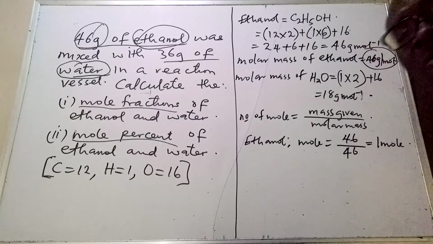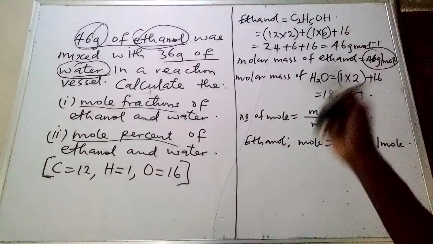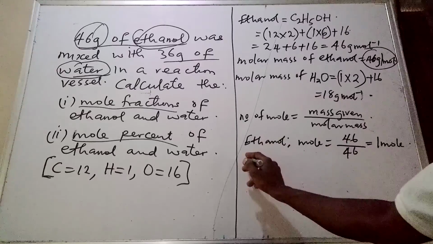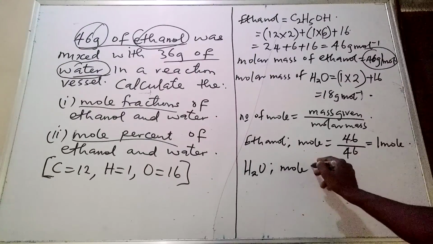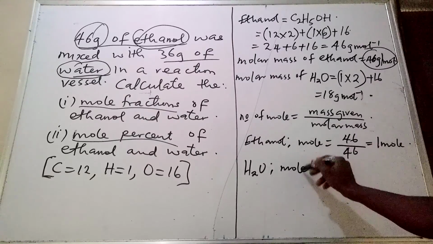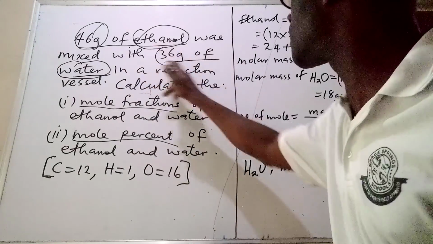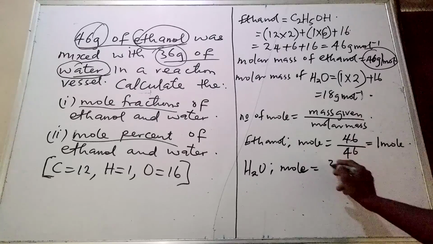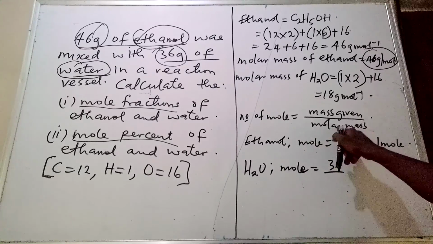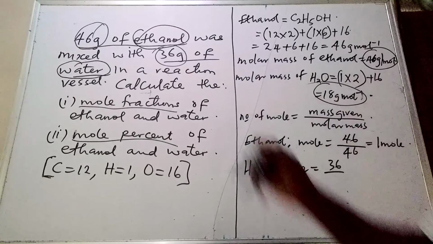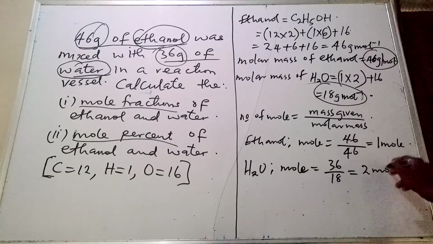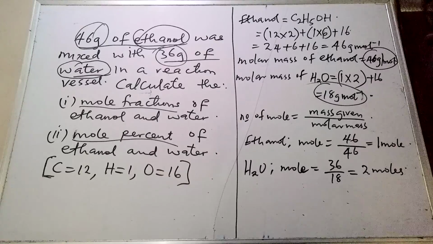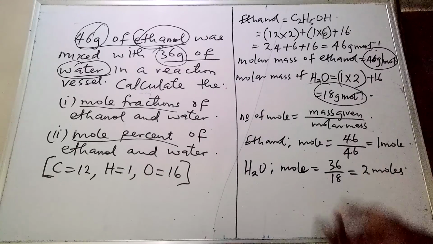That's 1 mole of ethanol that is in the mixture. Okay, for water, mass of water given is 36 over molar mass of water, which is 18. That will give 2 moles.